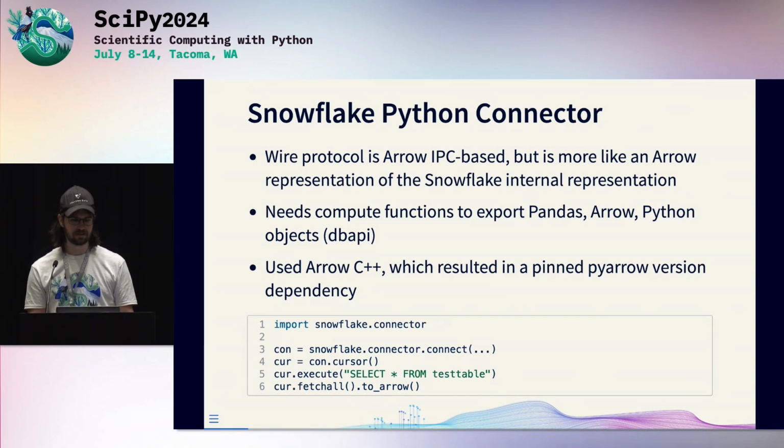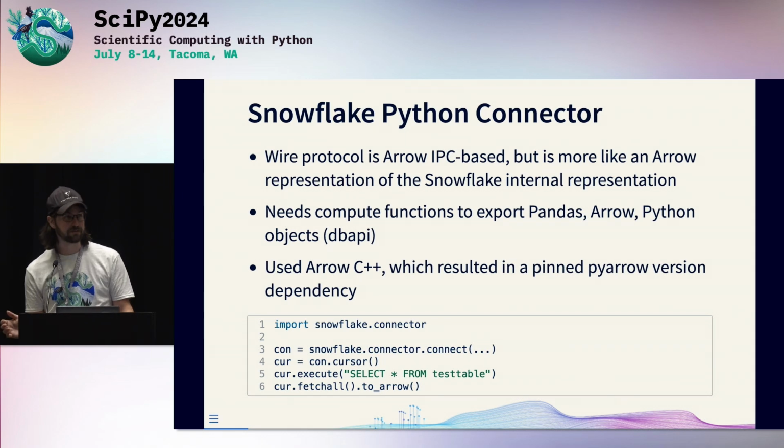And it's this nice representation. It represents all of their types losslessly. But it's not exactly what people necessarily want out. So there are some transformations that have to happen. There's some compute stuff. And because they want this to happen very quickly, they implement that in C++. So they're implementing C++ code to take Arrow tables and give you what you want as a user.